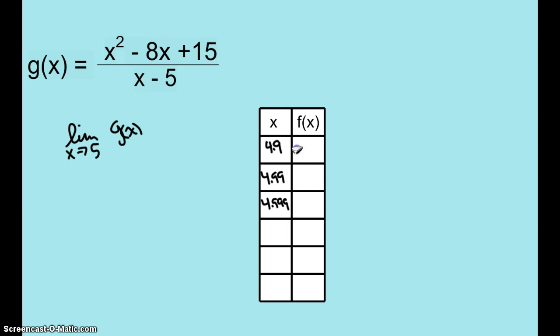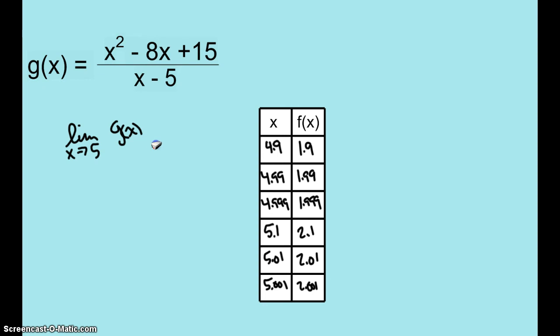When we put those values in, the calculator will automatically put out a 1.9, a 1.99, and a 1.999. Then as we approach 5 from the right, we'll put in a 5.1, 5.01, and a 5.001. And isn't it cool how that calculator just kicks out a 2.1, a 2.01, and a 2.001.